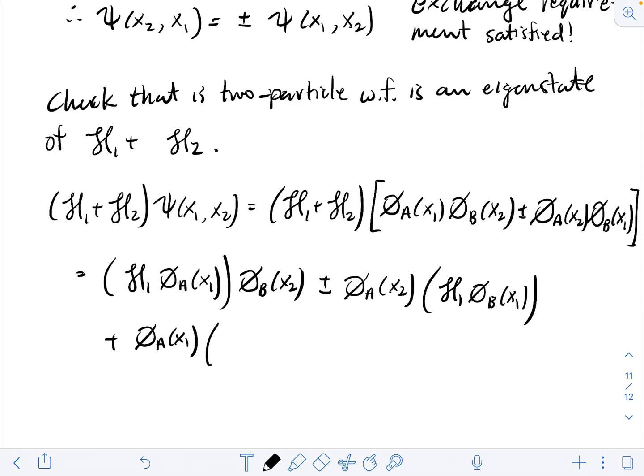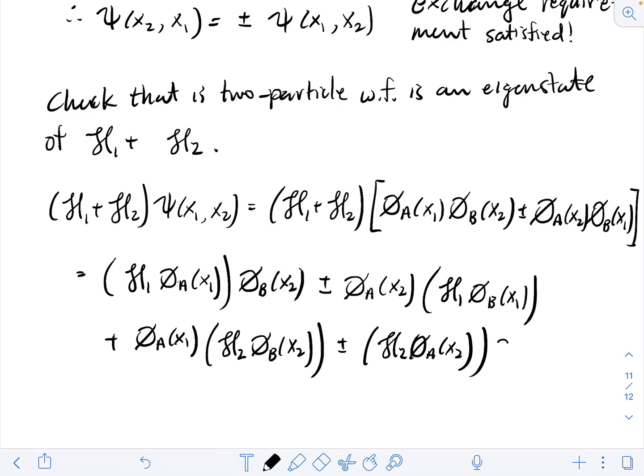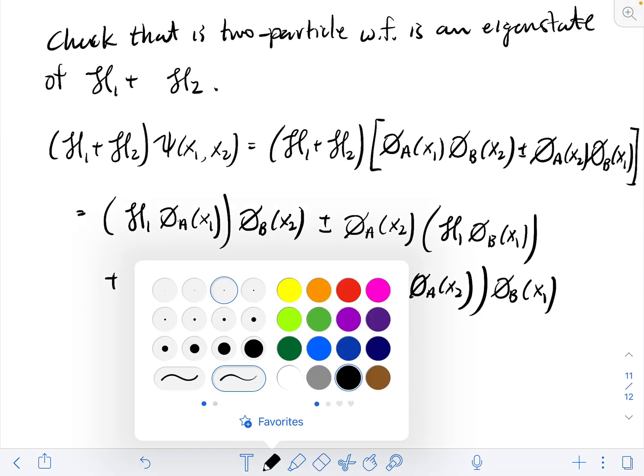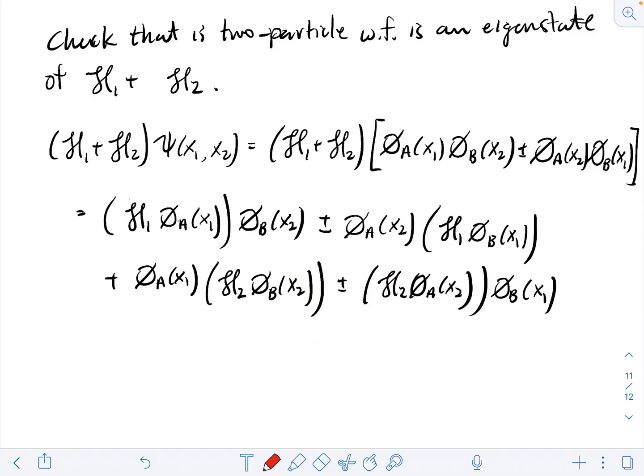So we have phi a x1, and then we have h2 acting on particle 2 in state B, and then we have plus or minus, then we're going to have h2 acting on particle 2 in state A, and then we have to multiply by state B with particle 1. Okay. So I think that's probably right.